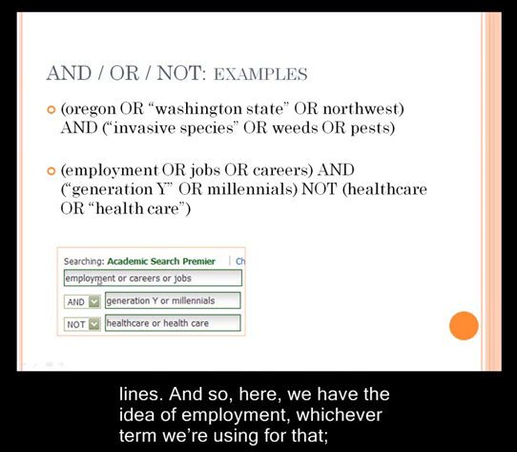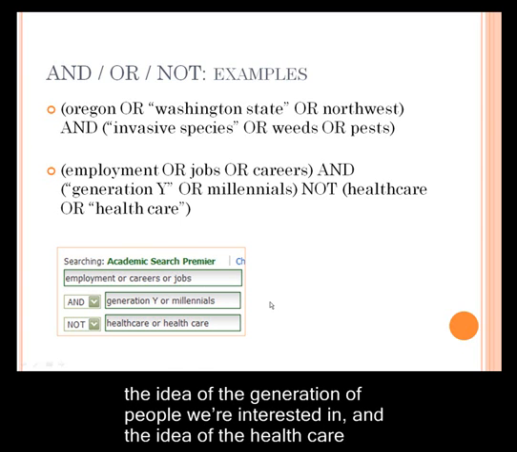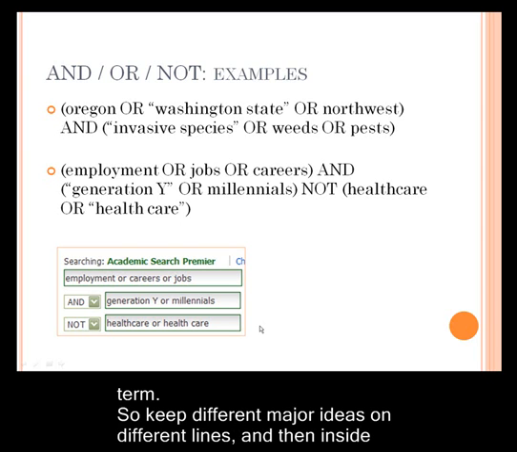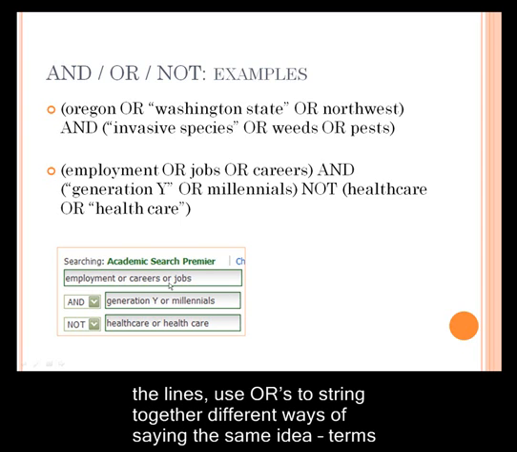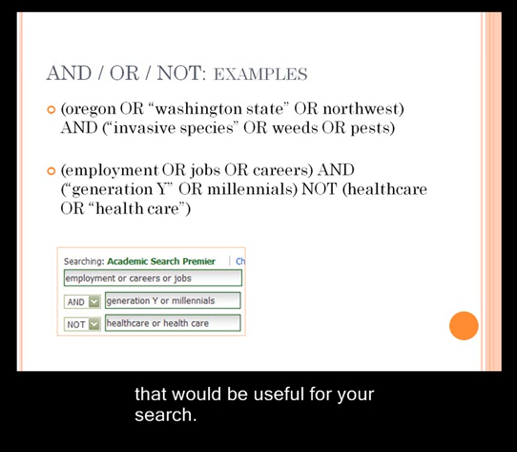And so here we have the idea of employment, whichever term we're using for that, the idea of the generation of people we're interested in, and the idea of the healthcare term. So keep different major ideas on different lines, and then inside the lines use ors to string together different ways of saying the same idea, terms that would be useful for your search.